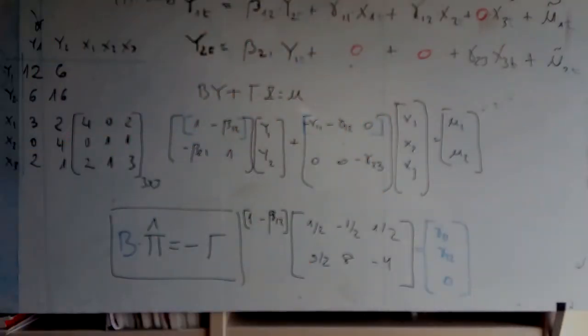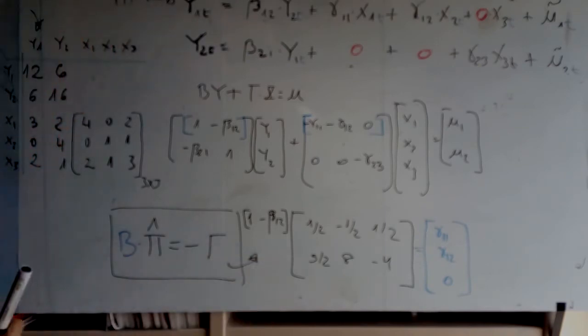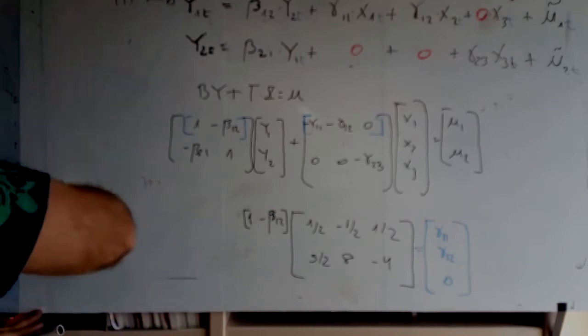So the way of estimating these parameters by indirect least squares is just performing this operation that comes from this relation. Let's do it right quick, just to finish the problem.